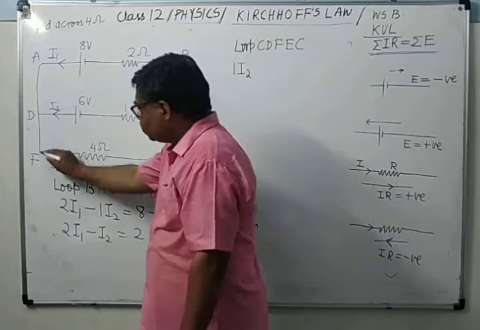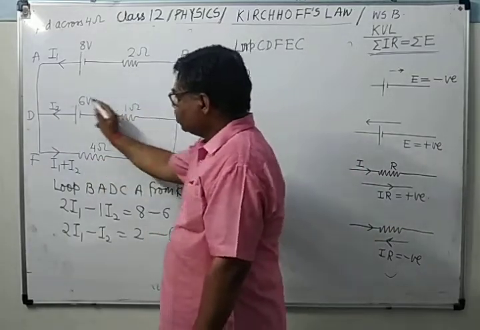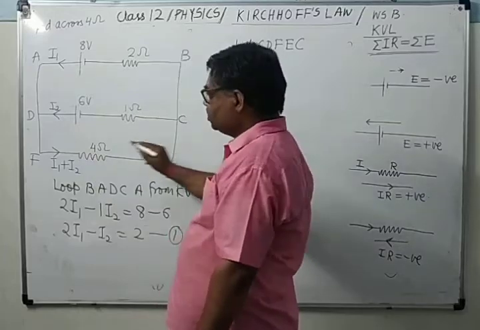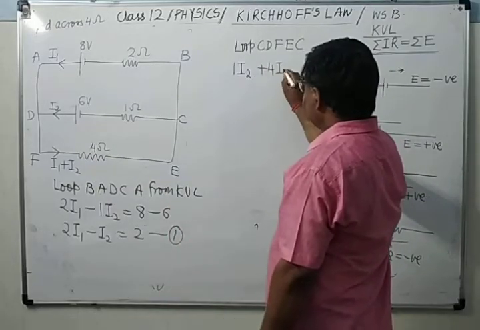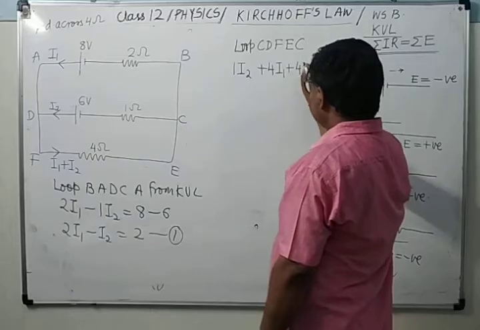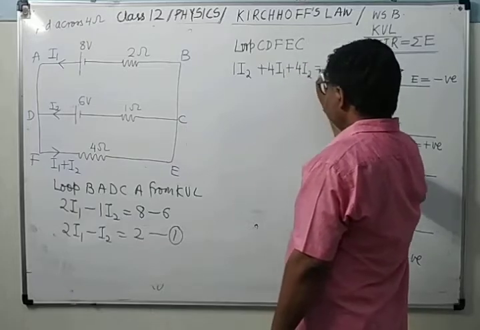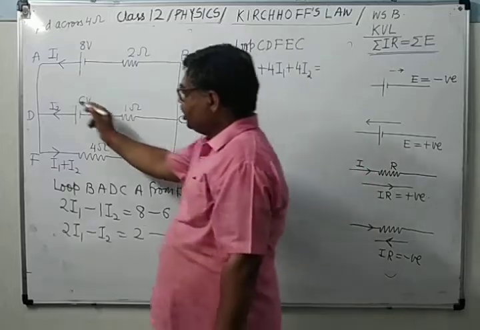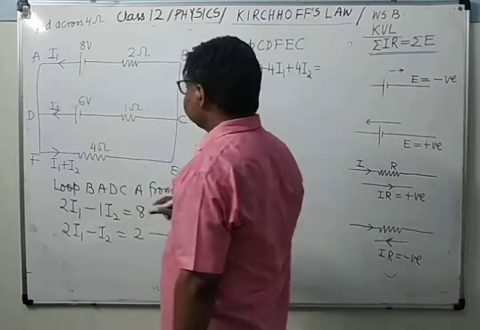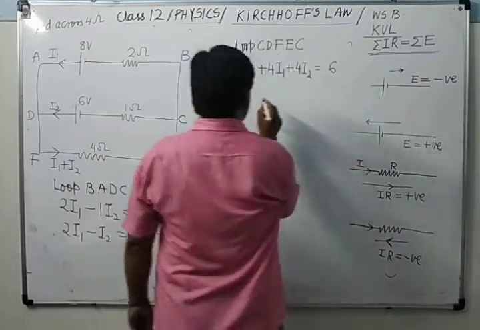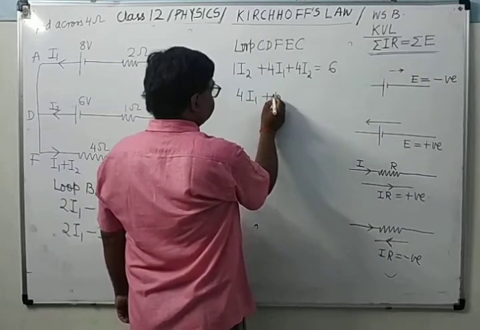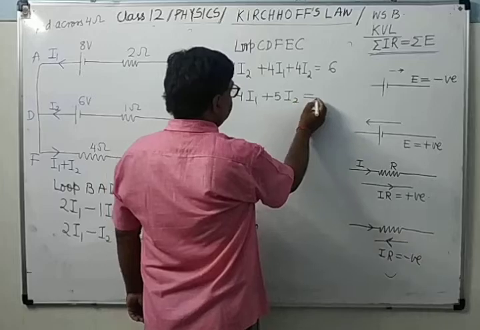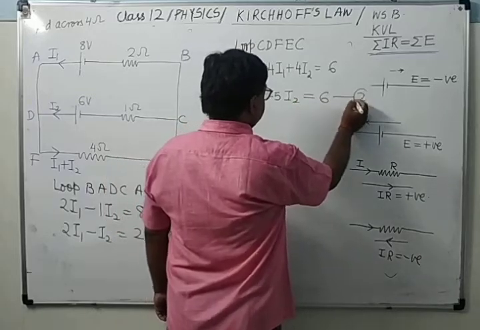Then here also the IR will be positive because you are traveling this way, that is 4I1 plus 4I2. It's clear. Equals to, the cell is being crossed in what way? Negative to positive, that is equals to 6. So it is 4I1 plus 5I2 equals to 6. This is equation 2.